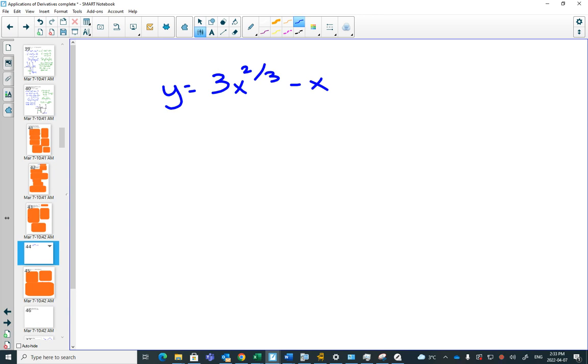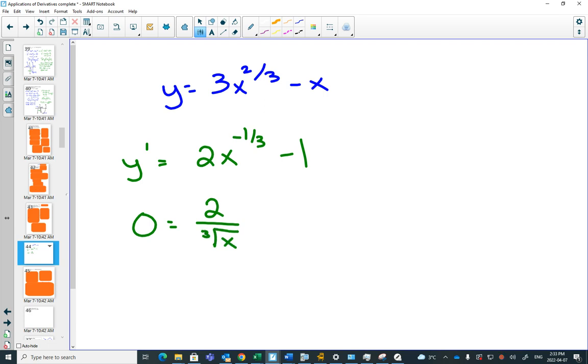Okay. So we start with our derivative, y prime, which will give us 2x to the negative 1/3 minus 1. Set that equal to 0. Are you okay if I change that to the cube root of x on the bottom?